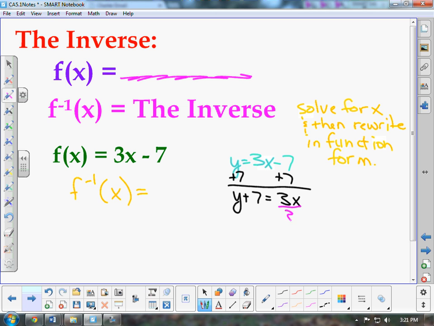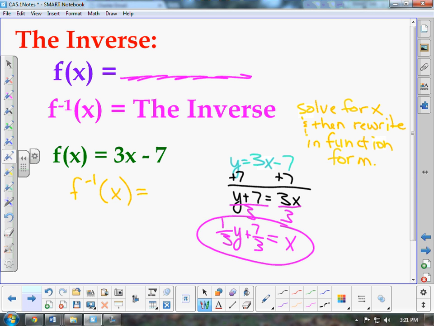Then divide by 3, and x equals 1/3 y plus 7/3. And so now this would be the inverse. But if we're going to write it in function form, it would turn into 1/3 x plus 7/3.